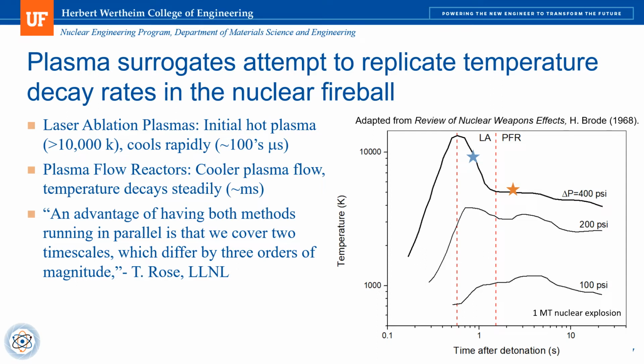Timothy Rose there is one of the contributing authors to a lot of the work, where they've really tried to match historical weapons test data to plasma surrogate sources available to us in the laboratory, like laser ablation or plasma flow reactors. And we can really see that laser ablation is a good surrogate for the cooling times/rates, overall temperatures and pressures at earlier times in the fireball evolution, compared to at later times where a plasma flow reactor might be a better source.